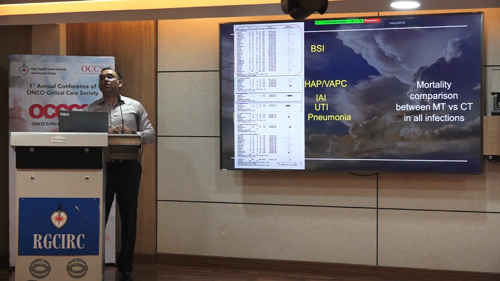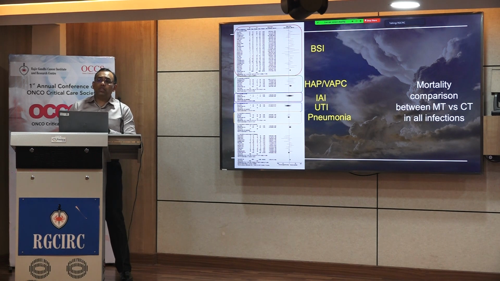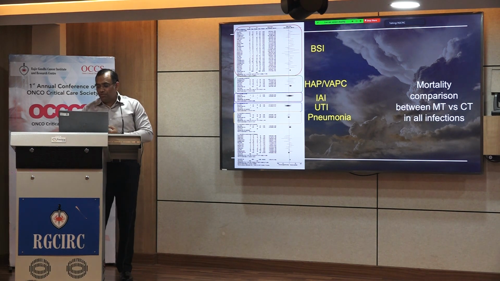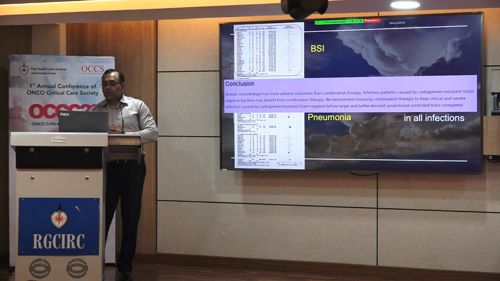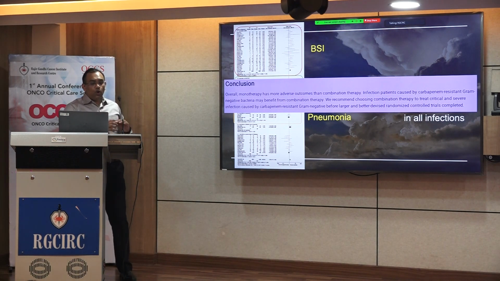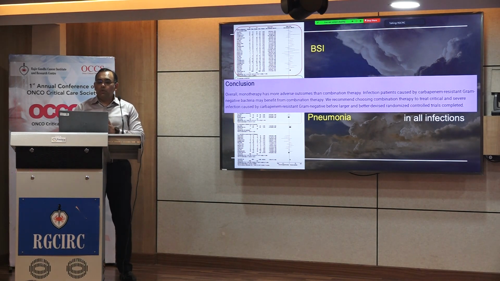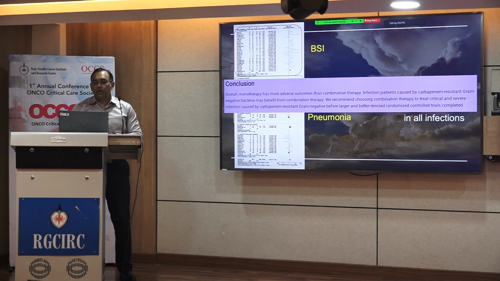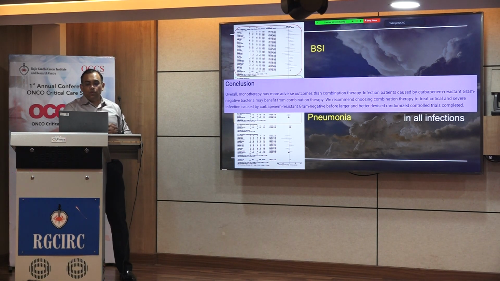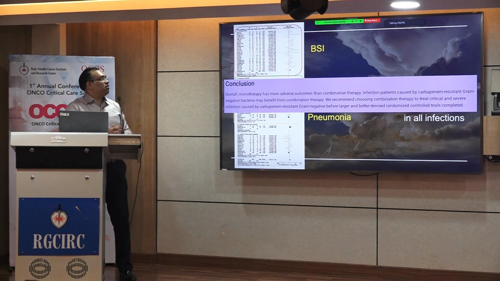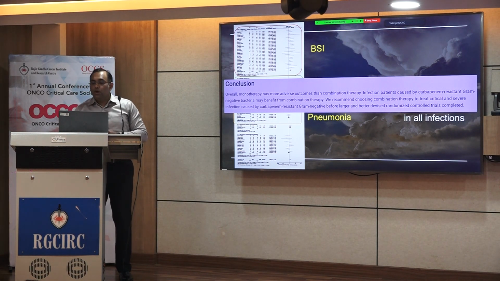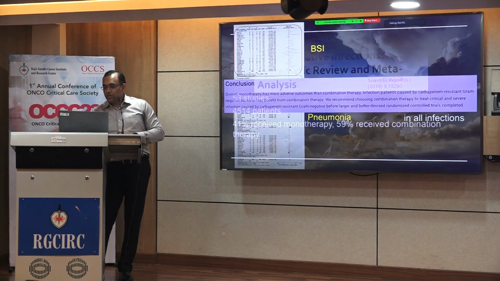Only in intra-abdominal infection was it equivocal. There was no additional benefit of adding combination therapy. They concluded that overall monotherapy has more adverse effects than combination therapy, and patients with carbapenem resistant gram-negative bacteria infection may benefit from combination therapy.